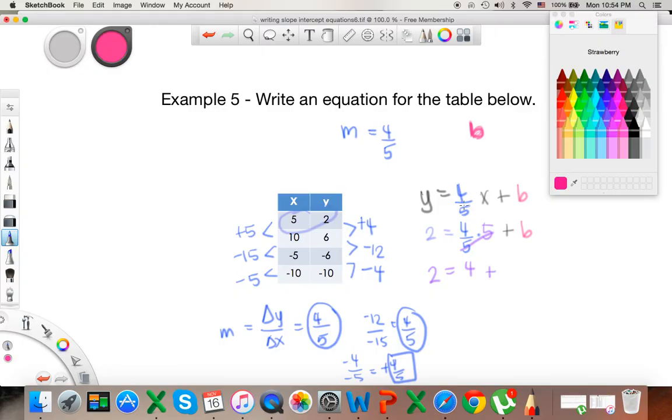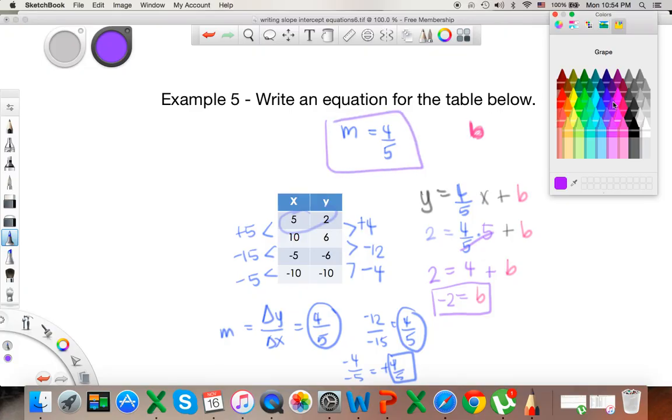I subtract 4 from both sides and I get b equals -2. So now I've got my slope and I've got my b.